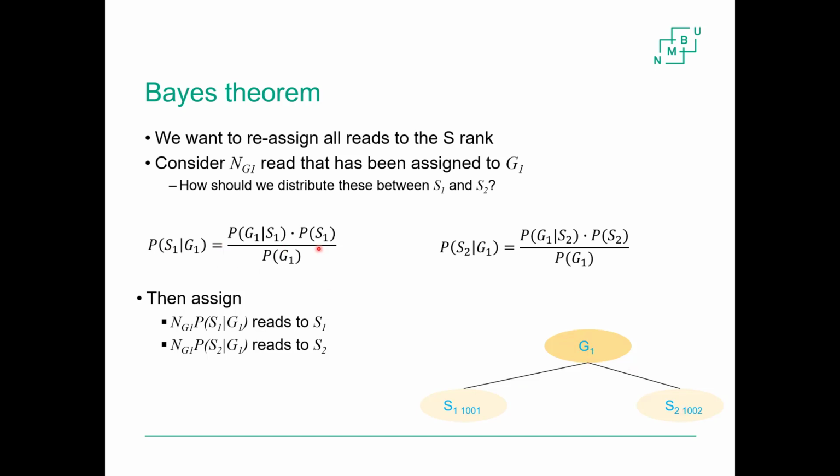If this is 0.5 and this is 0.5, then we split it in equal amounts in each direction. So these two probabilities we have to compute, or estimate in some way, because this gives us directly which proportion of the reads should be assigned to each of these two species.